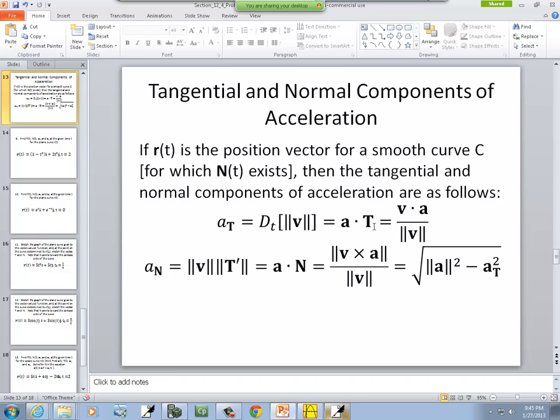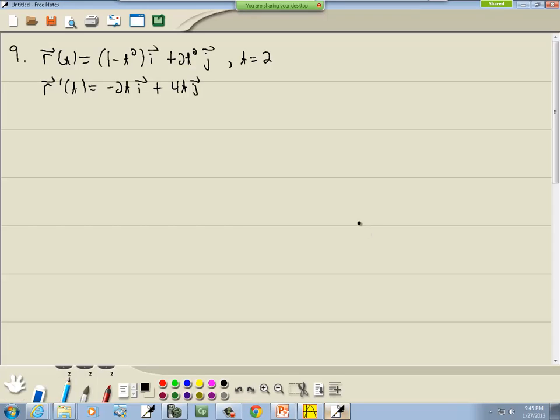Okay, I need acceleration and t. So I'm going to find r prime of 2, which is negative 2 times 2 i, so we're just plugging in 2 for the t, plus 4 times 2 j, which gives us negative 4i plus 8j.